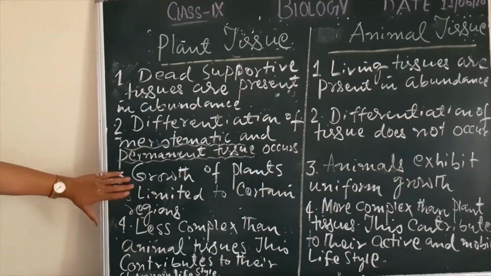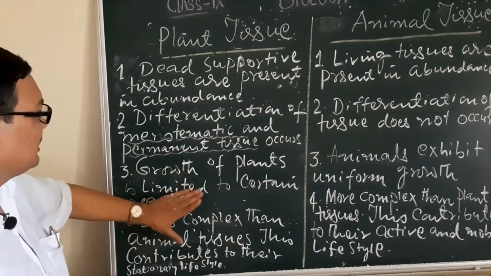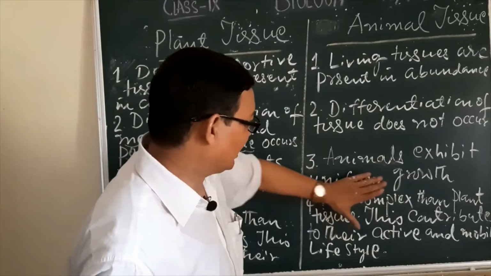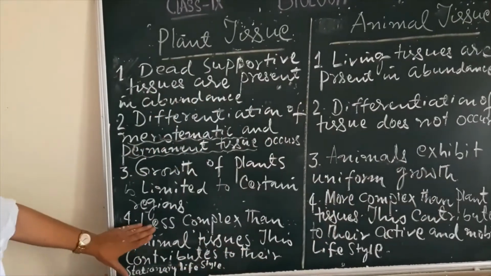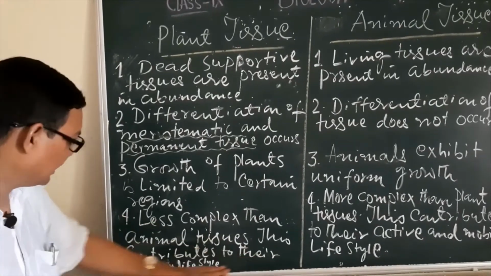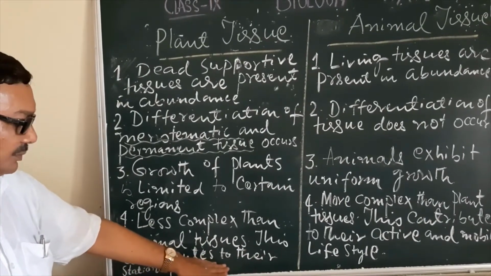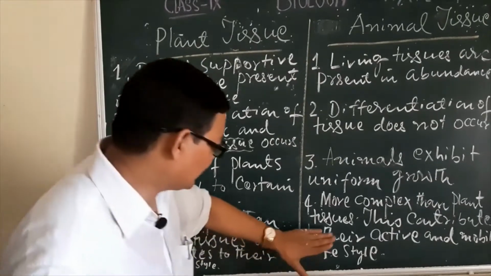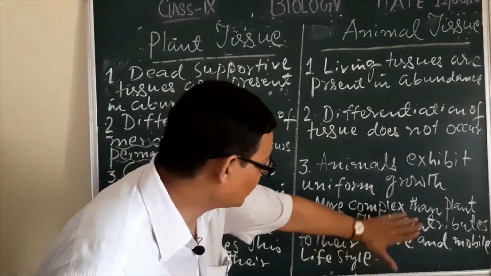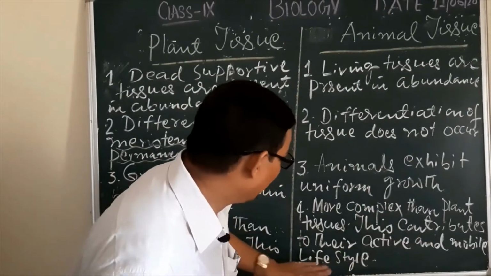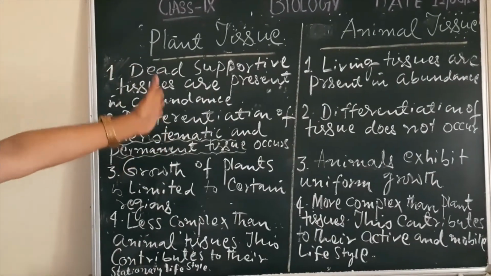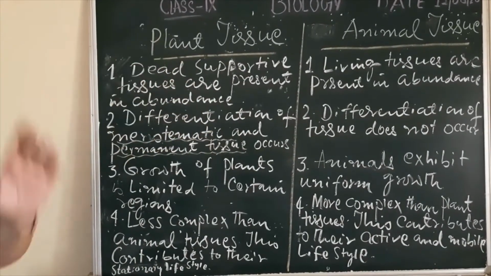The third point, growth of plants is limited to certain regions, whereas animals exhibit uniform growth. Plant tissues are less complex than animal tissues, which contributes to their stationary lifestyle; they are fixed at a particular place. Animal tissues are more complex than plant tissue, which contributes to their active and mobile lifestyle. So, these are some facts about the differences between plant tissue and animal tissue.